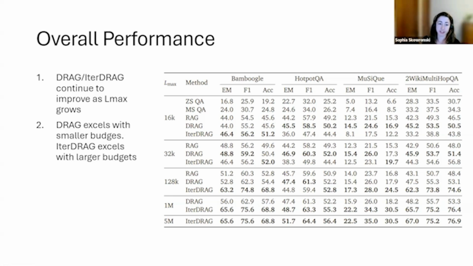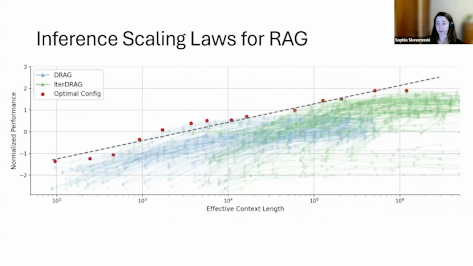So overall, increasing LMAX is beneficial, but you need to figure out the optimal parameter configuration. Then it goes into this plot as well: the performance versus effective context length.